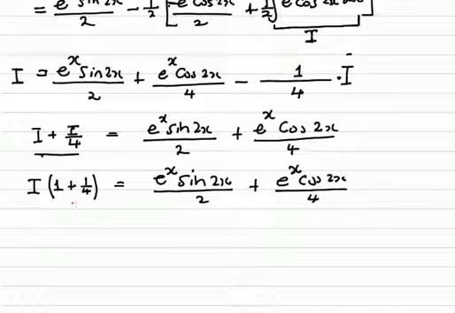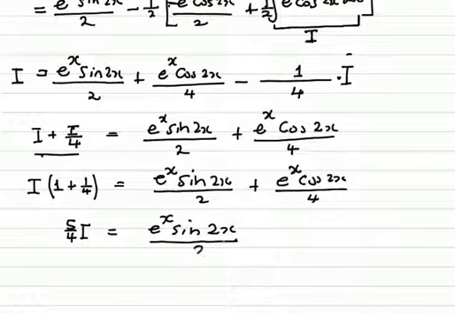Then this is basically 1/4 plus 4/4, which is 5/4. So we've got 5 over 4 times I equals e to the power x sine 2x all over 2 plus e to the power x cosine 2x all over 4.